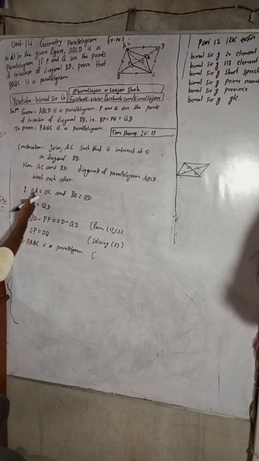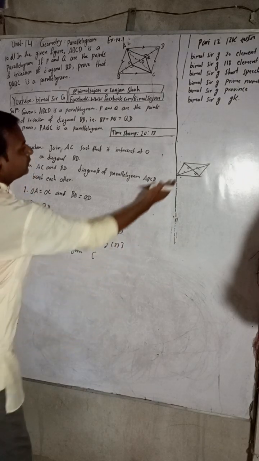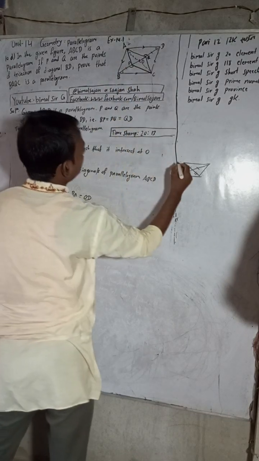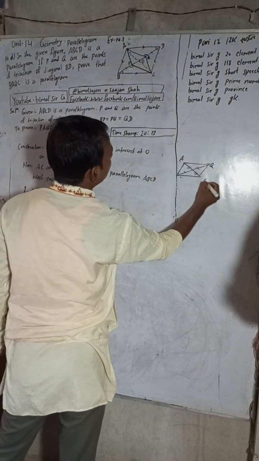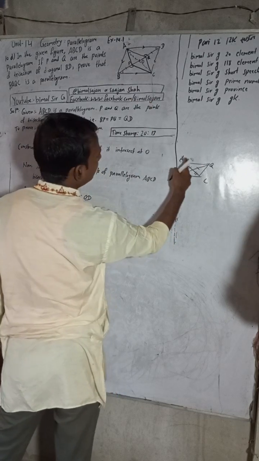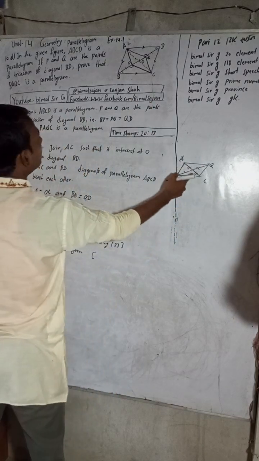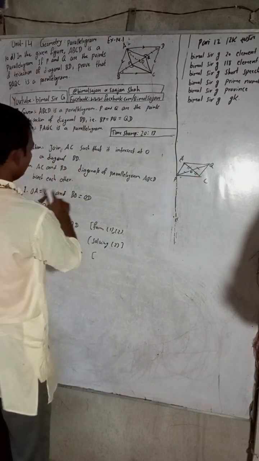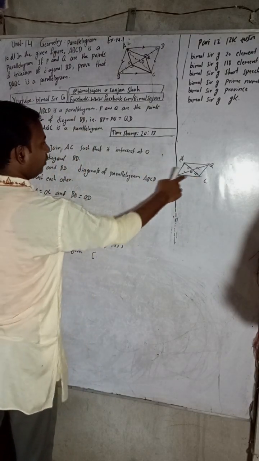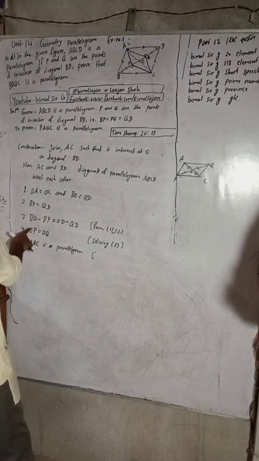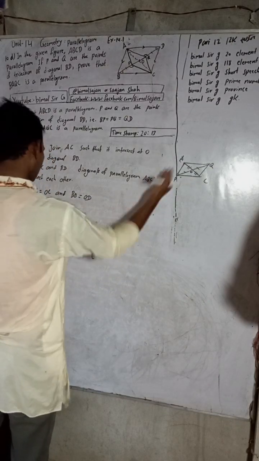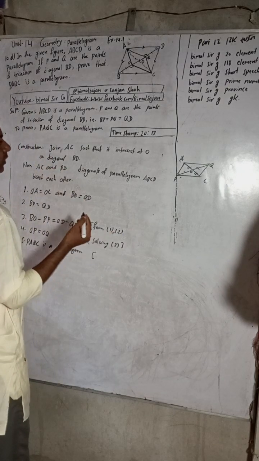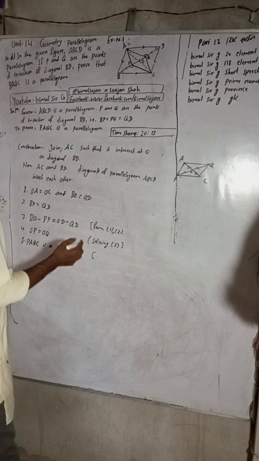Because in this quadrilateral AQCP, we got AO equal to OC, and OP equal to OQ. So this is a parallelogram because the diagonals bisect each other.